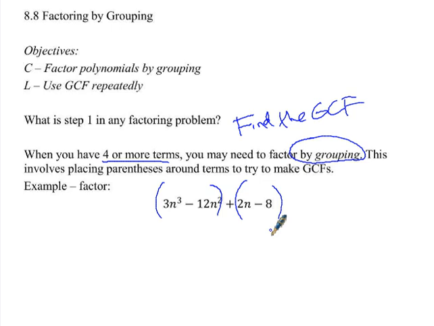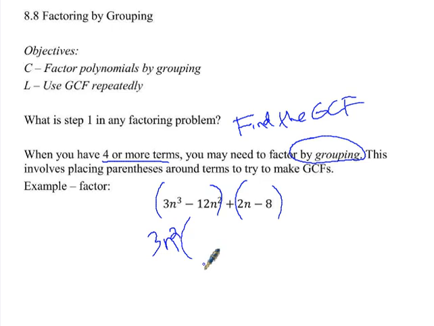So in the groups, I'm going to pull out a GCF. I'm going to find a GCF here and pull it out and write what's left over. I'm going to find a GCF here and pull it out and write what's left over. Okay? So let me do that. The GCF for the first group is what? 3 what? 3n squared.